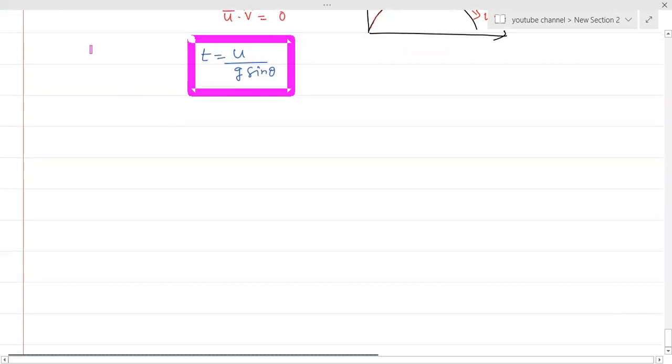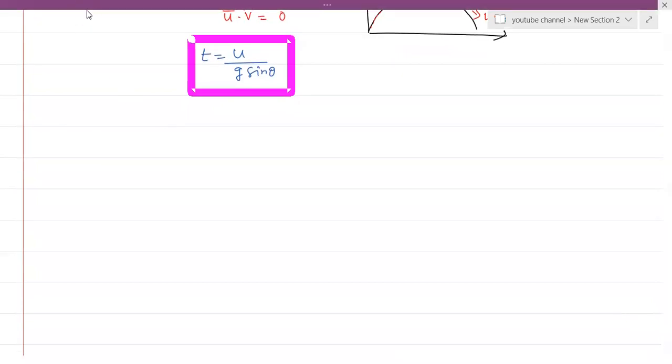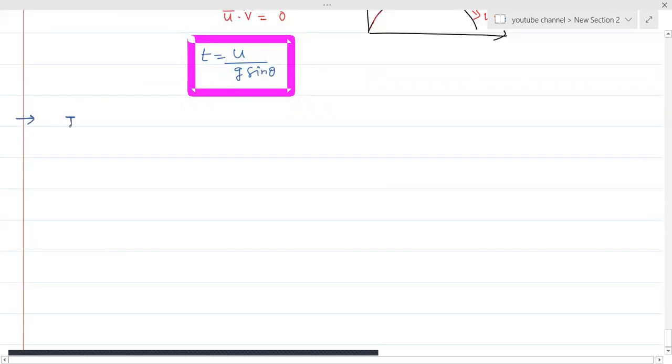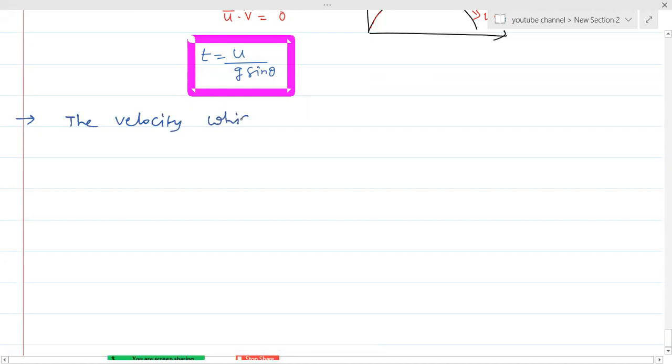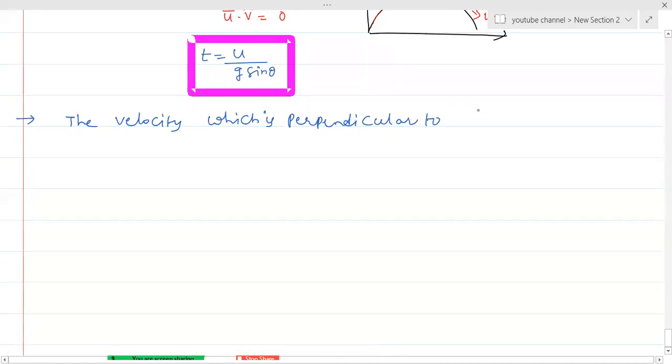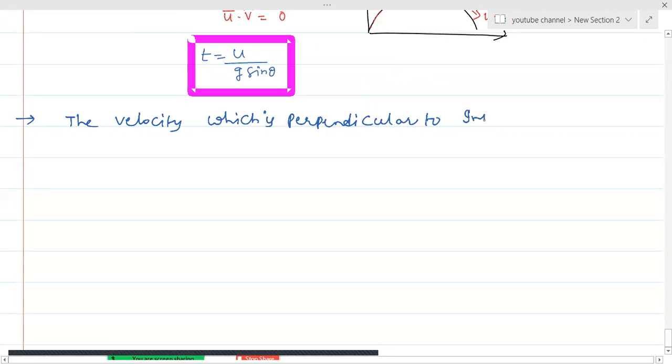And also in the above problem, they will ask for the velocity which is perpendicular to the initial velocity.